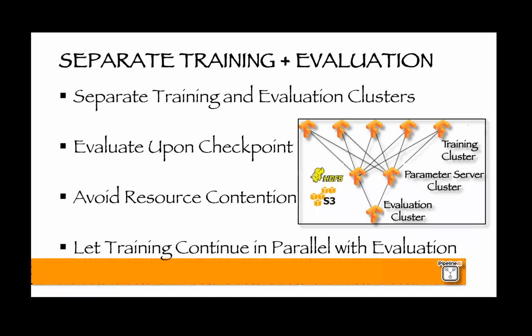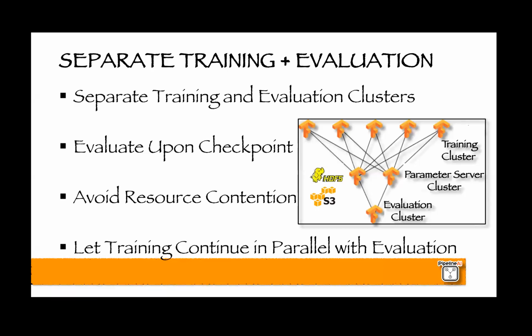Separate training and evaluation. This is one pattern I've seen over and over in probably just the last couple months, and this is because of the Estimator API. This is a way to isolate and keep training going, and then in parallel, every hour or so, let's say you create a checkpoint and tell the parameter server or that cluster to save all of its variables.